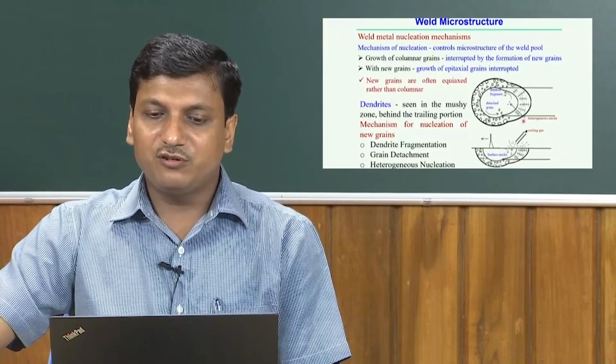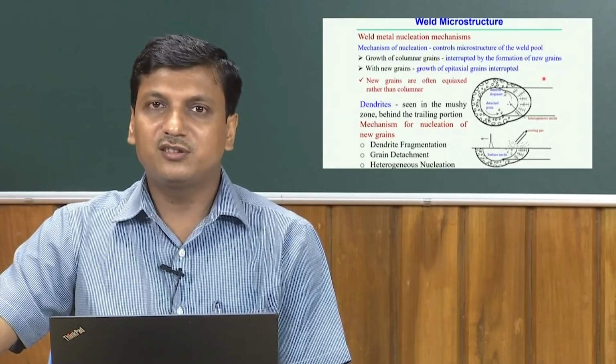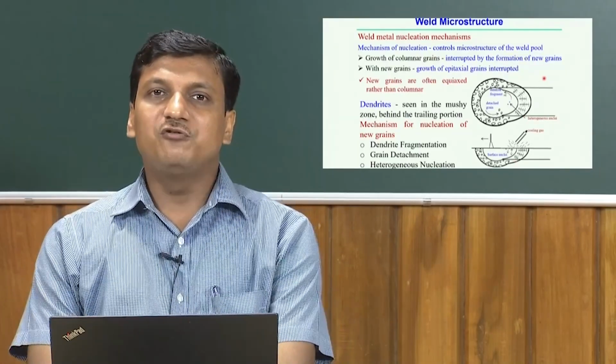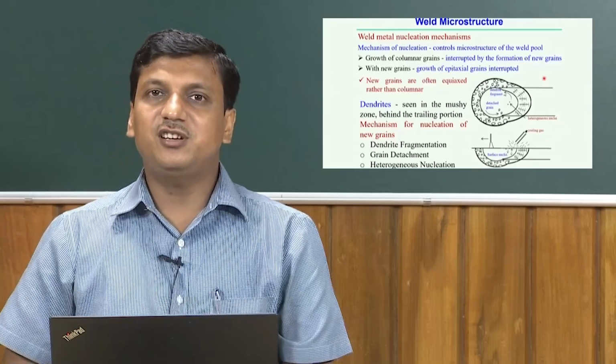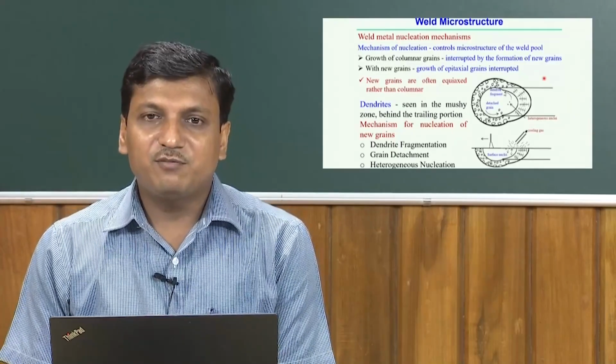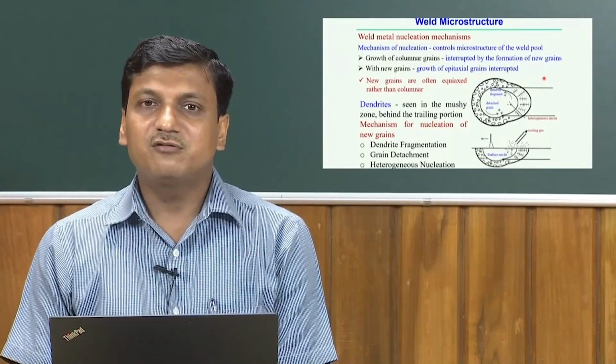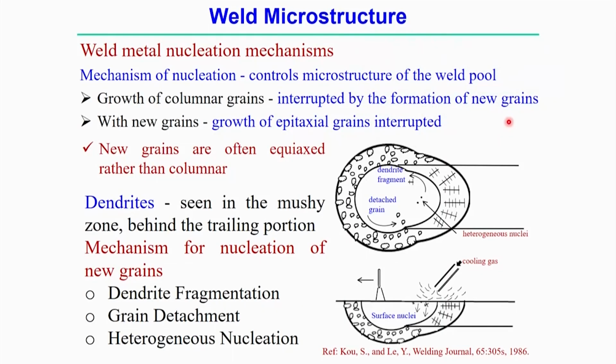First, the growth of the columnar grains is interrupted by the formation of new grains. The new grains interrupt the growth of the columnar grains, which is normally observed in the rear side of the weld pool.